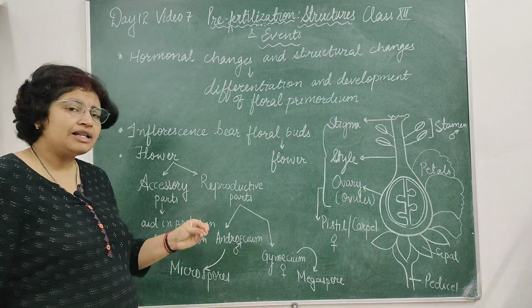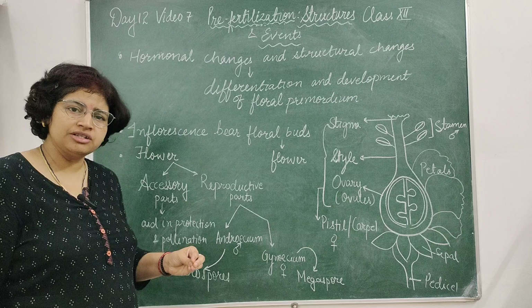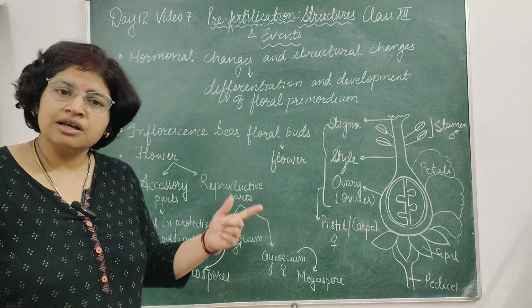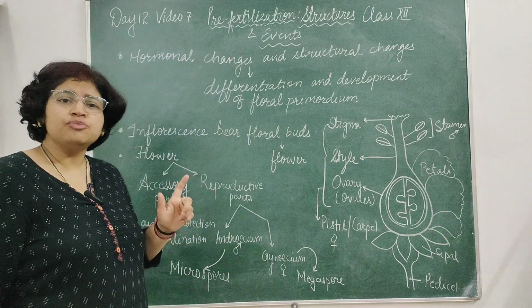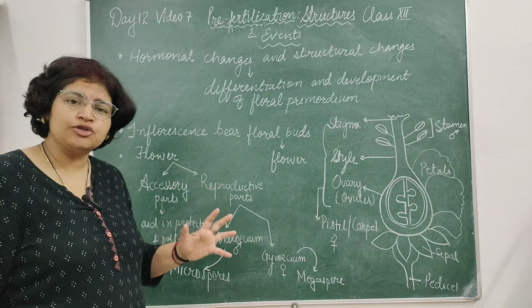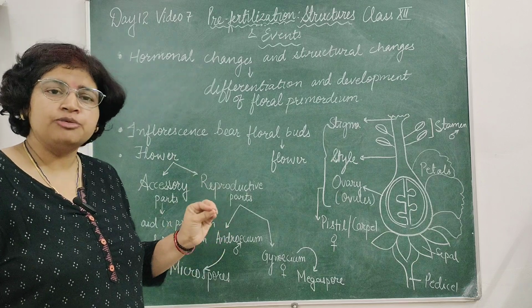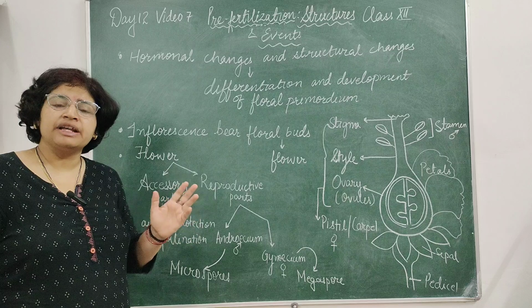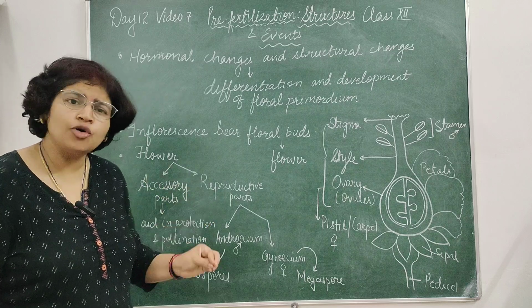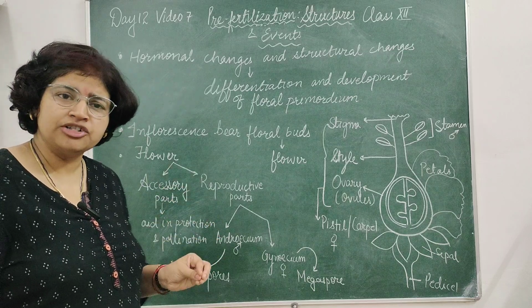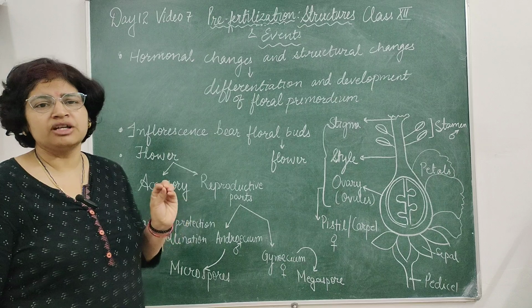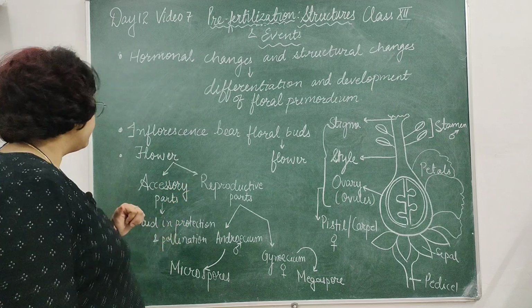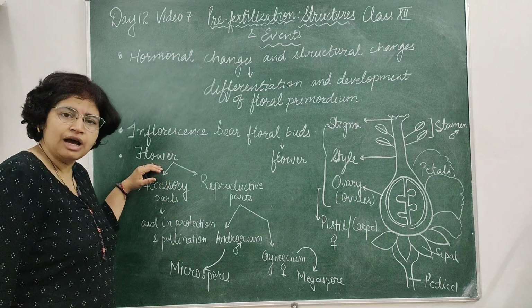Most of the plants which undergo sexual reproduction belong to angiosperms. Angiosperms are also known as flowering plants, which produce flowers. Other lower plants like gymnosperms and pteridophytes also show sexual reproduction, but flower formation is not observed in them. Fine, so let's study about flower.